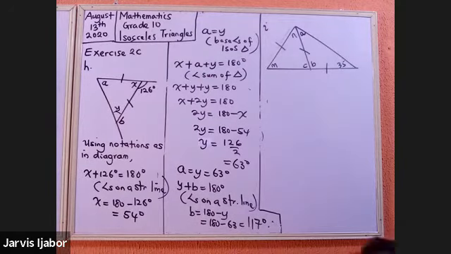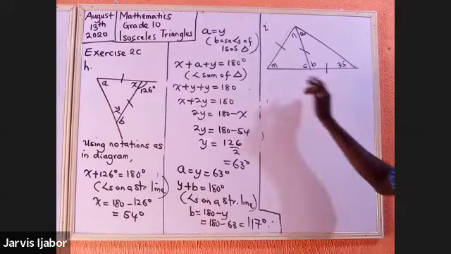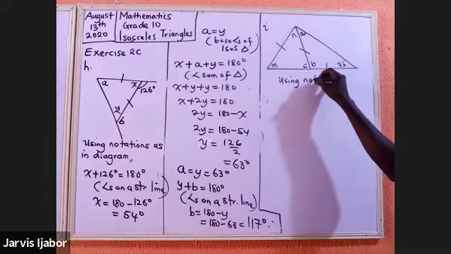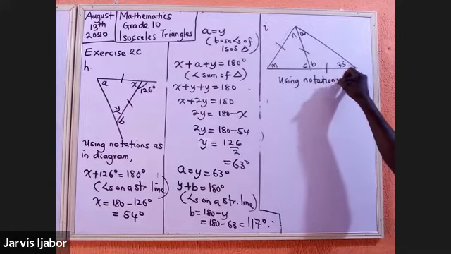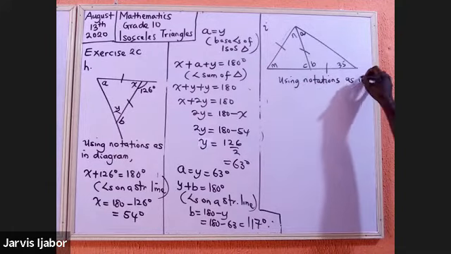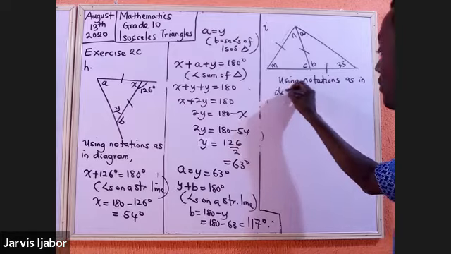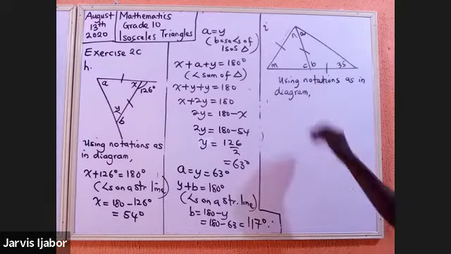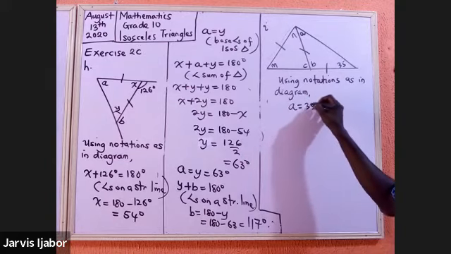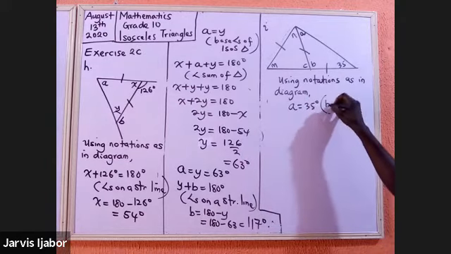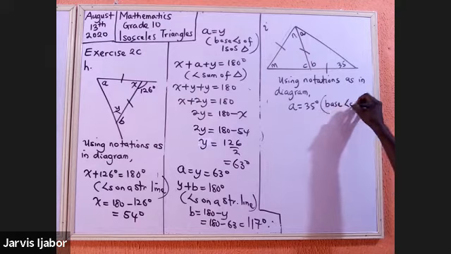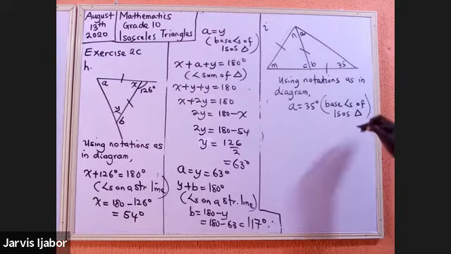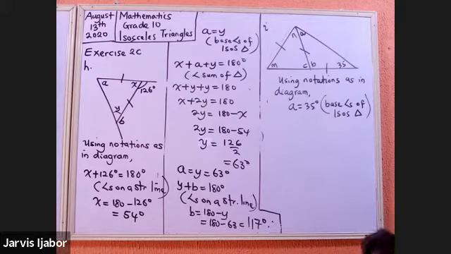So looking at this, using notations as in diagram, we have that A will be equal to 35 degrees. What's the reason? Base angles of isosceles triangle. So that's settled.